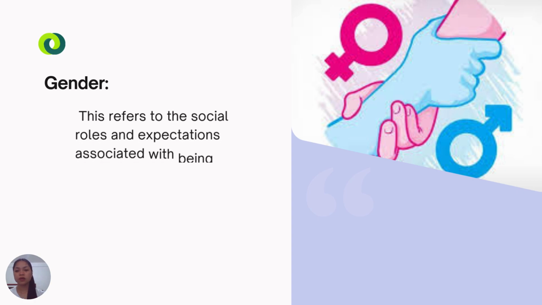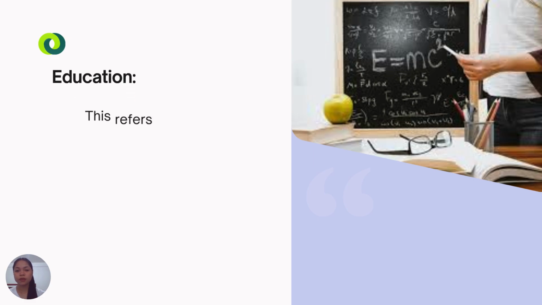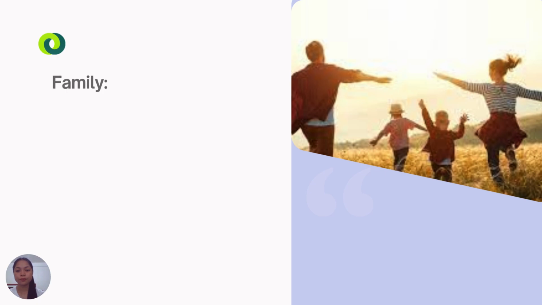Next is gender. Individuals have diverse experiences and expressions of gender, and respecting those differences is crucial for creating inclusive and equitable societies. Next is education. Education is a continuous process that empowers us to become lifelong learners, active citizens, and contributors to a better future.